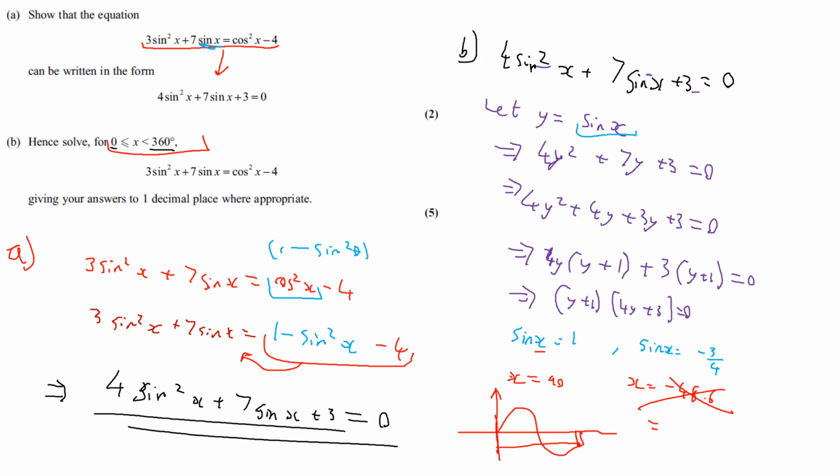So if we add the 360, we get 311.4, or we can get an answer of 228.6. That all comes down to understanding the sine graph and meeting this range here.